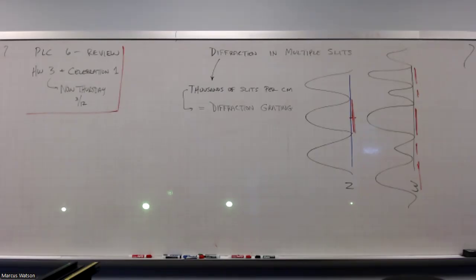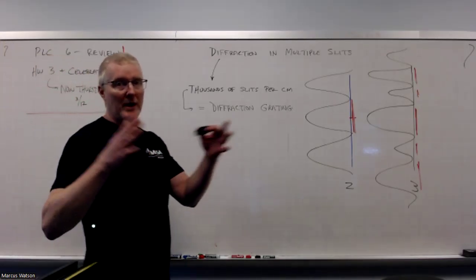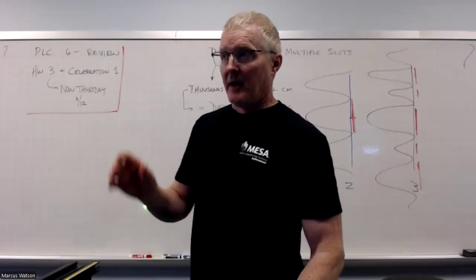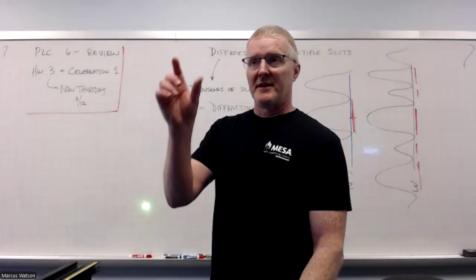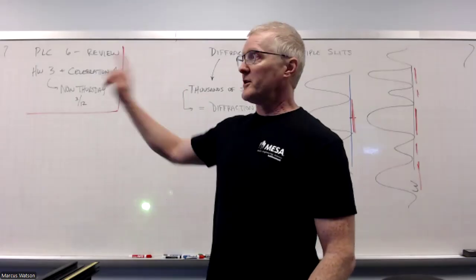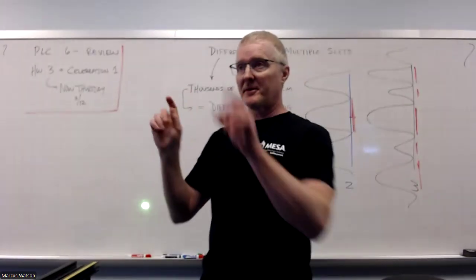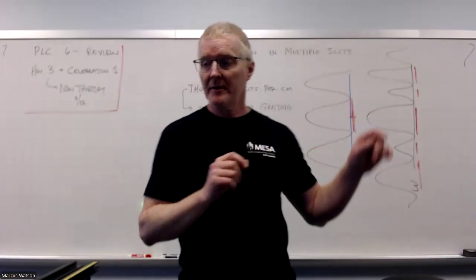So if I shine a particular wavelength through here, I get very well-defined spots. If I shine white light through here, then I get a rainbow, because what it does is it'll say, oh, if you are this wavelength, then all of the interference happens over there. And if you're this wavelength, all the interference happens here. But if you're this wavelength, it's going to happen over there, right?